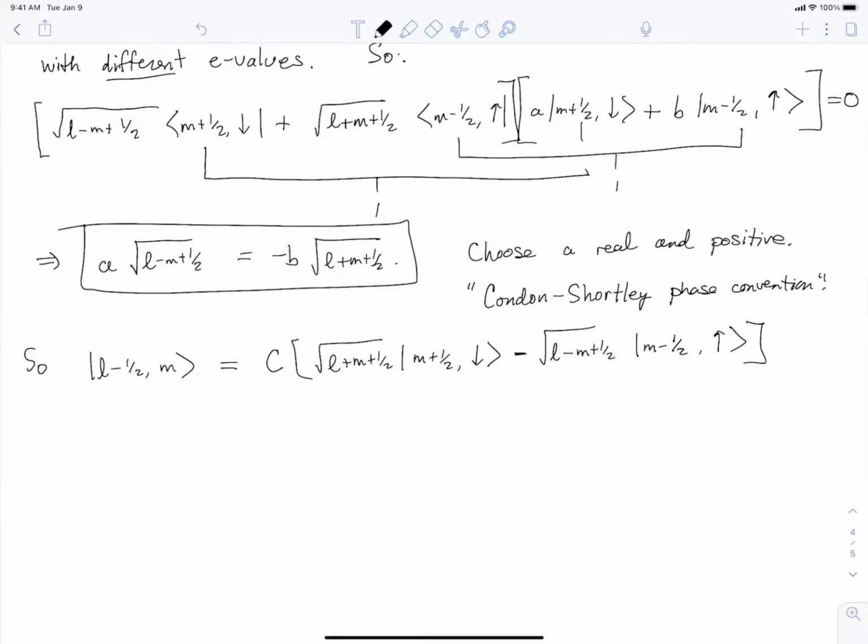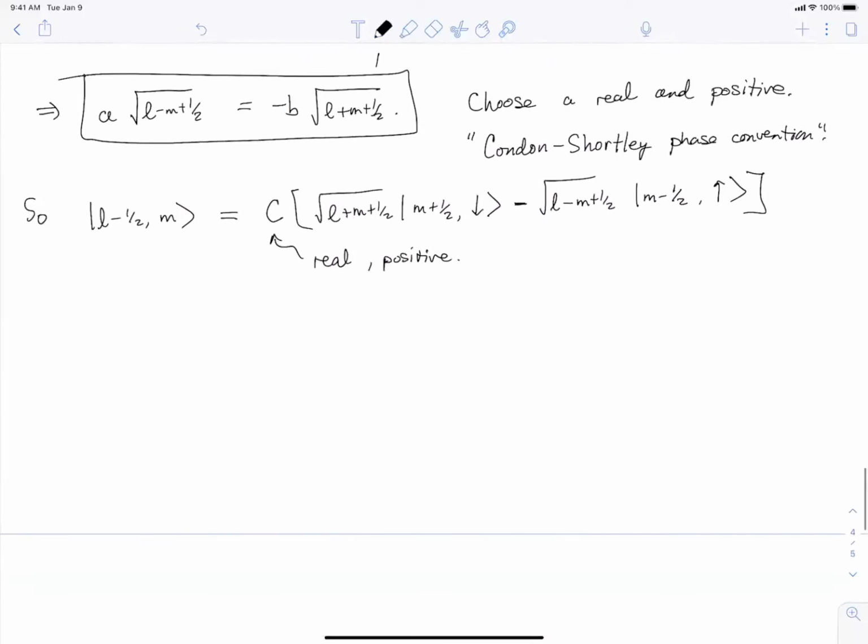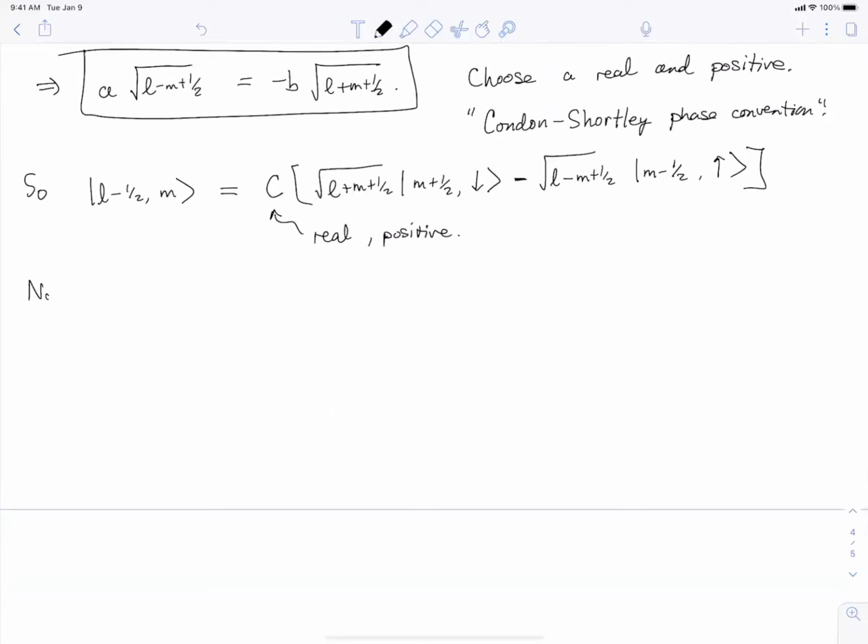Okay, so now we have our state. C is real and positive by our choice. And now we can fix out what C is by requiring the thing to be normalized. That won't affect the phase of C, but at least it will tell us the magnitude of C. So if we compute the norm of this state, we get C squared times L plus M plus 1/2 plus C squared times L minus M plus 1/2.